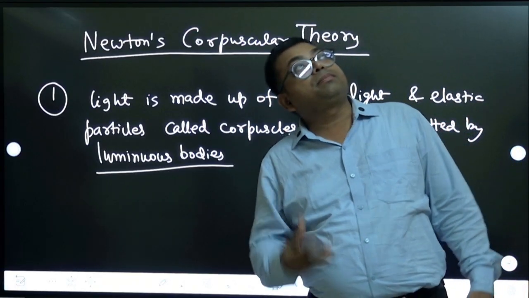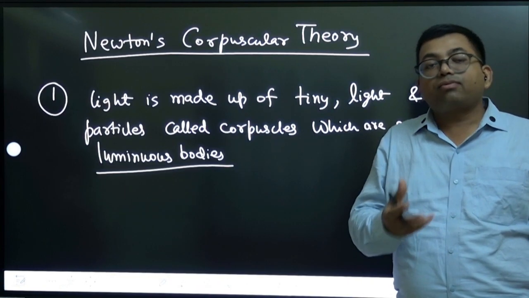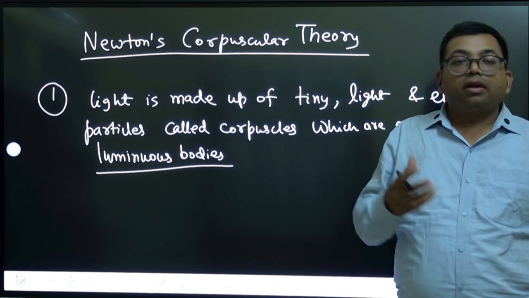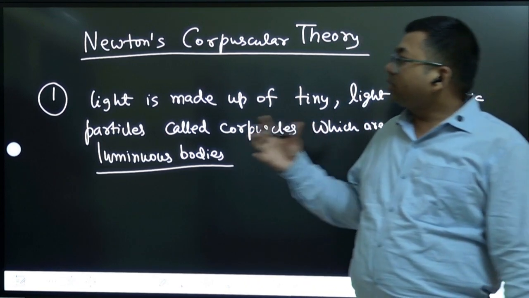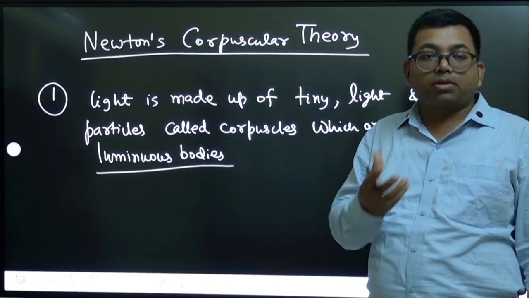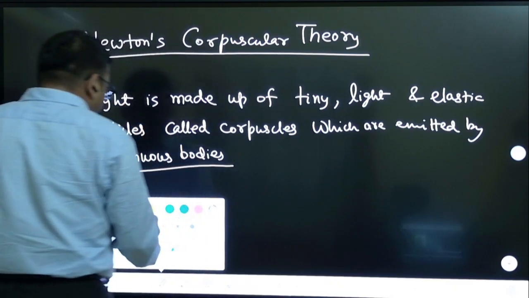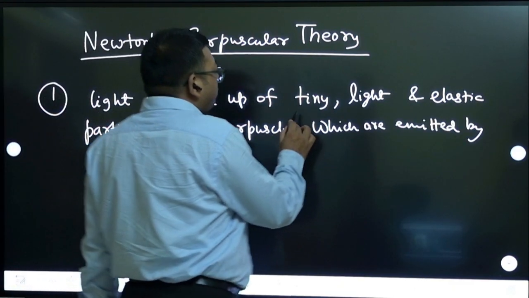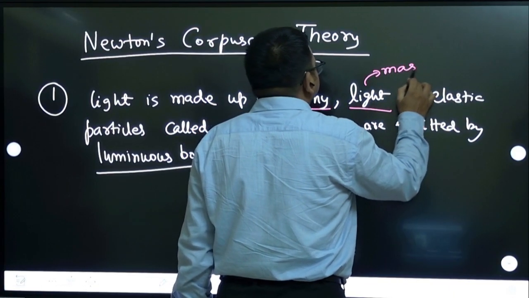For example, electric bulb, tube lights, or naturally, like the sun or moon. Any object which emits its own light is called a luminous object. Such luminous objects are emitting corpuscles. So that is the particle of light, and these particles are very, very small and massless.